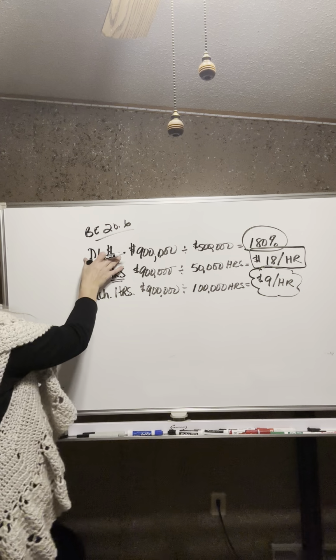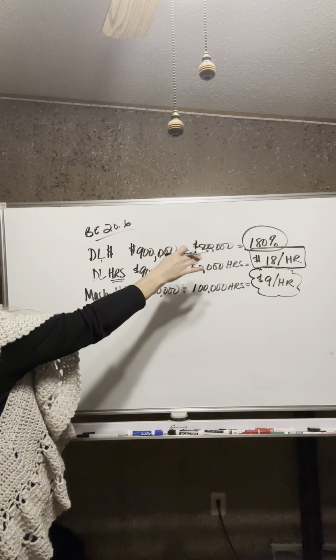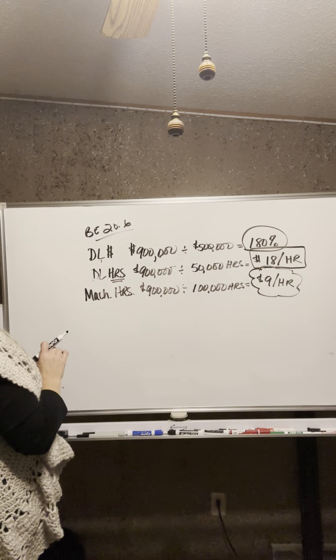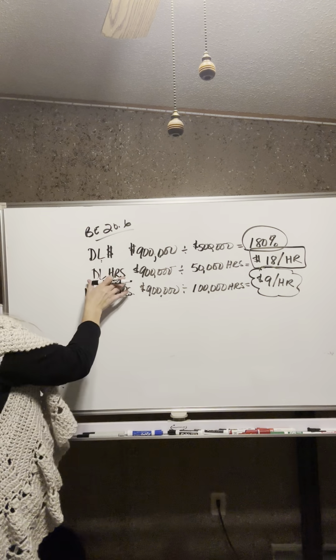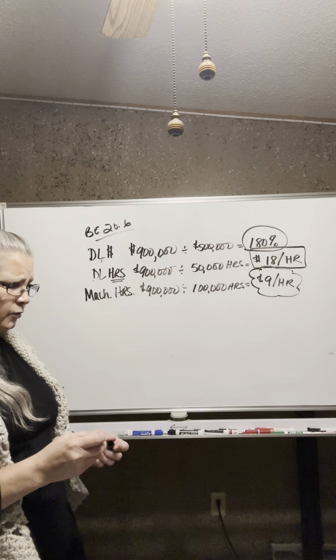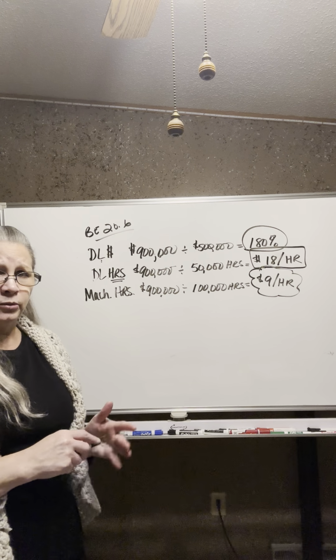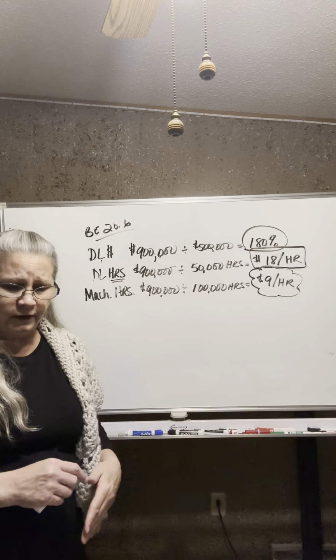So this is actual direct labor dollars being multiplied by 180%, actual direct labor hours multiplied by the $18 per hour, and actual machine hours multiplied by the $9. Either way, the debit is to work in process, the credit is to manufacturing overhead.